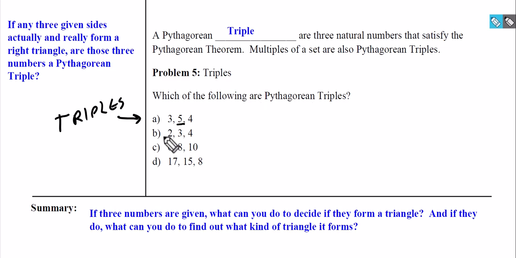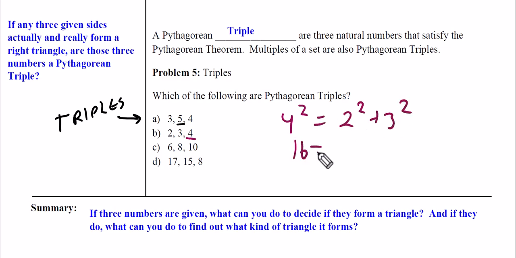Next one, part B. What's the bigger one? 4. That's my C. So let's check it out. 4 squared. Is that equal to 2 squared plus 3 squared? 16, 4, 9. 16, 13. Are these the same? No, not a triple.